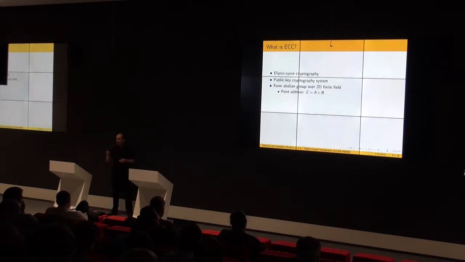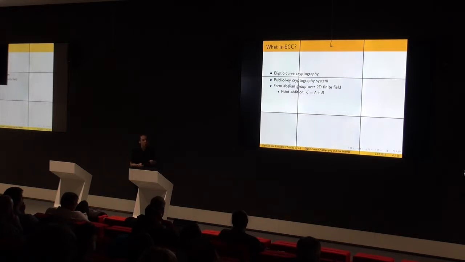And that's it, you got addition. It's defined similarly for the abelian group over the 2-dimensional finite field, but you can imagine it as a picture. You just have to work with the numbers. That's not a problem because computers work with numbers, so I think it will be usable.